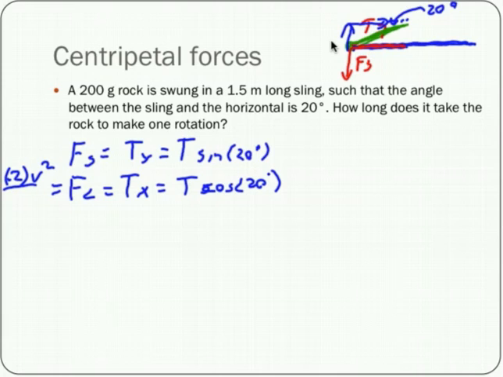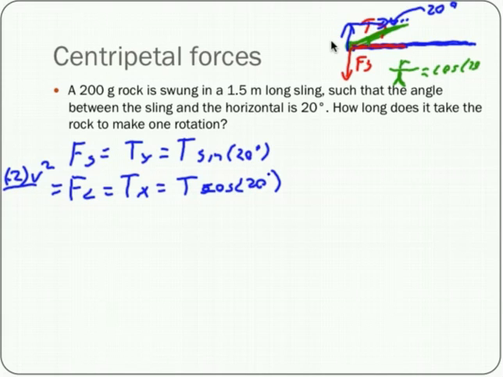In terms of figuring out what r is, there's a relationship here. The angle down in here is our 20 degrees, so this is adjacent over hypotenuse. So r, our adjacent, divided by our hypotenuse, which is the length of the string L, is equal to cosine of 20.